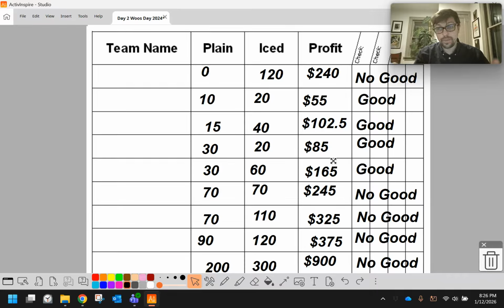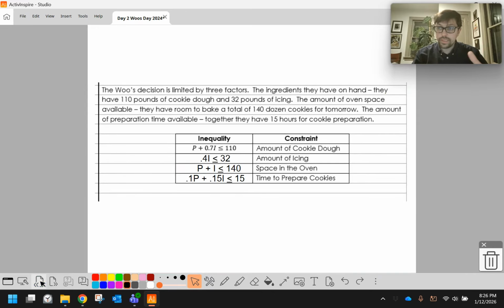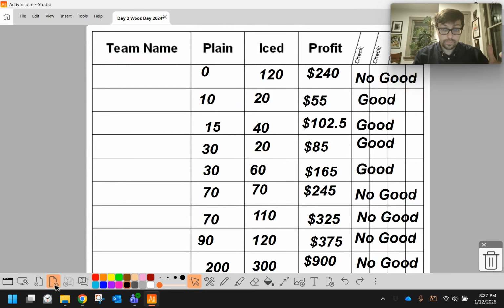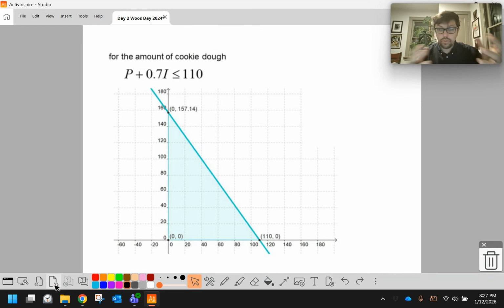So what we're going to do is take those inequalities that we had before, these ones here, and put them on a graph so that we can see how these good and not goods are matching up and why. On graph paper, you can quickly make this graph. I'm going to call down here my plain cookie axis, and this axis up here my iced cookie axis.